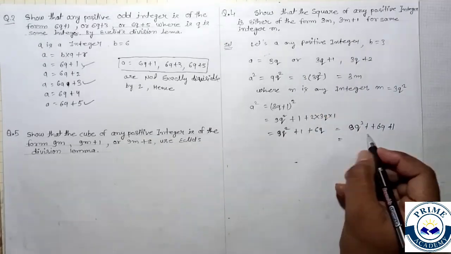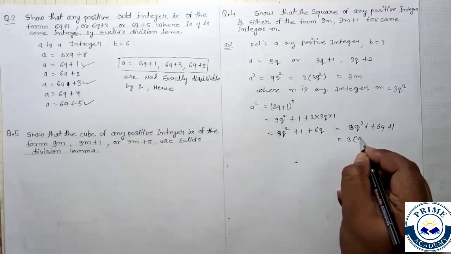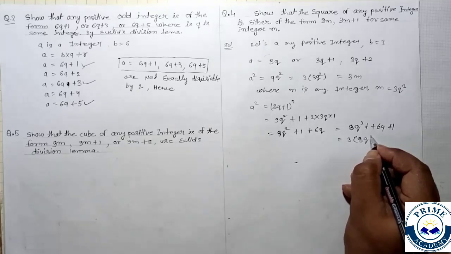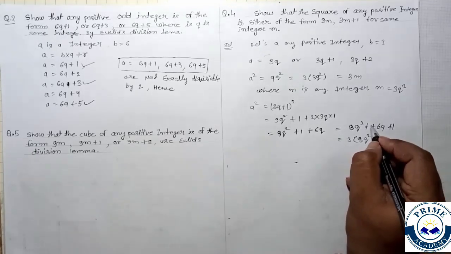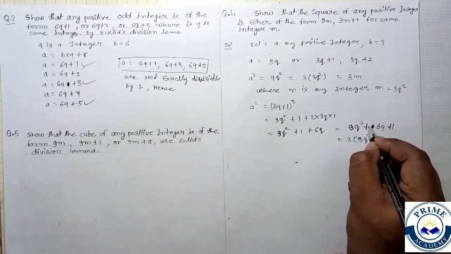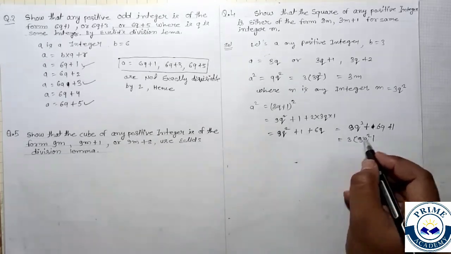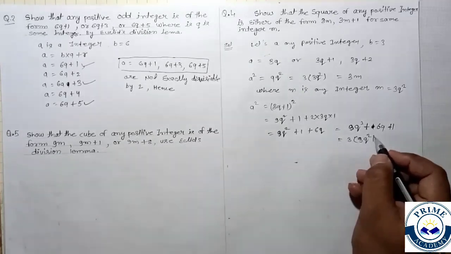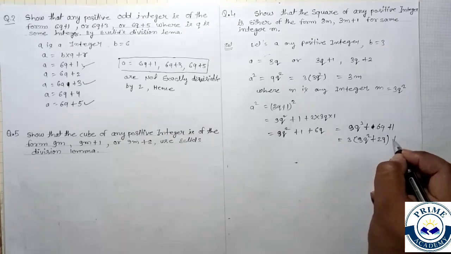So what is common? 3 is common in 9q square and 6q. You will get 3 into 3q square plus 2q, plus 1.